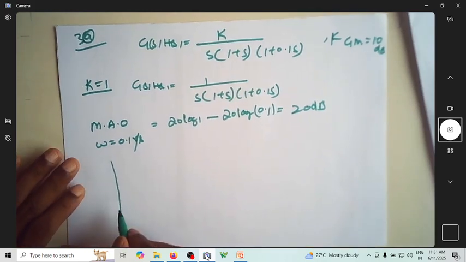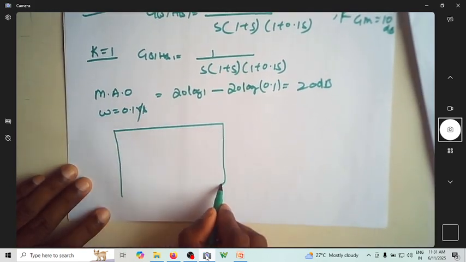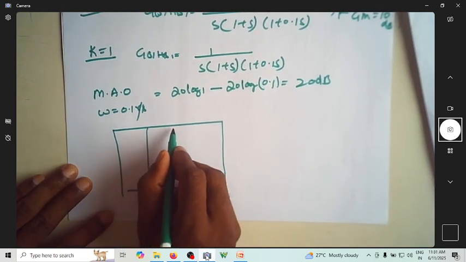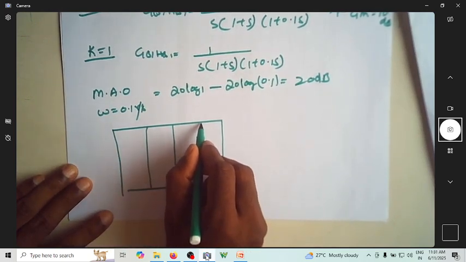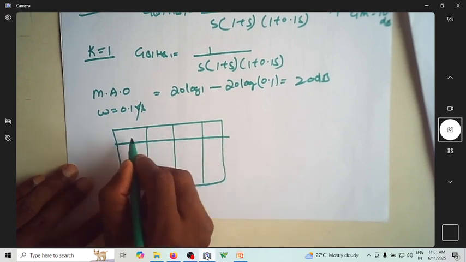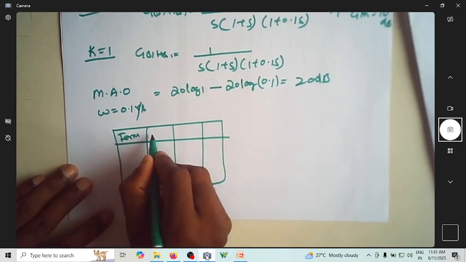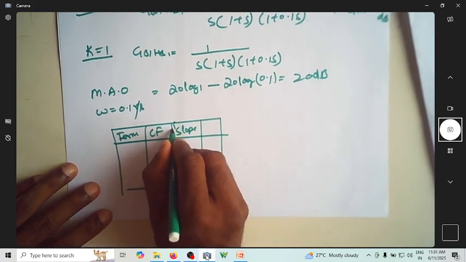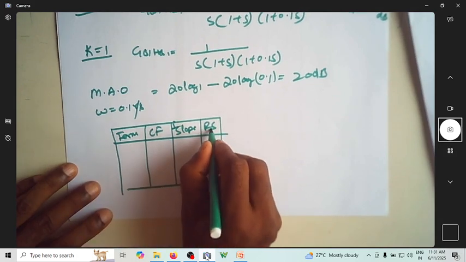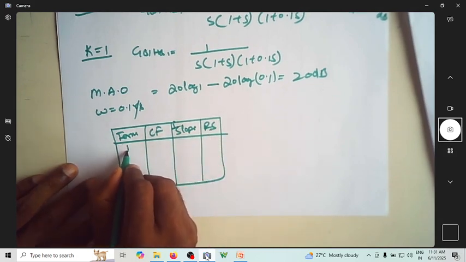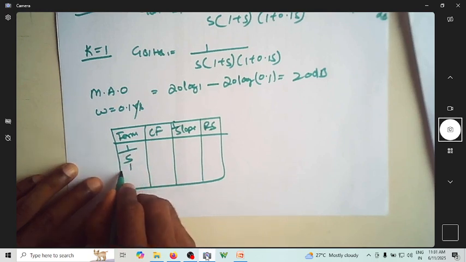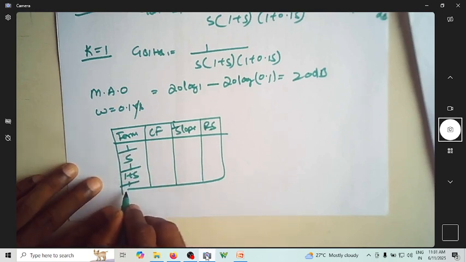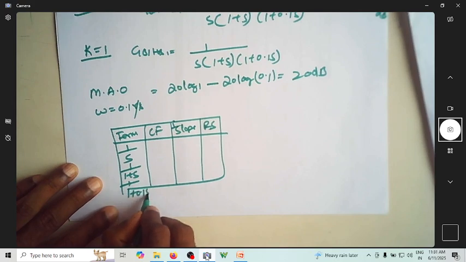If you write the slope table of all the terms, you have their cutoff frequency, individual slope and resultant slope. The terms are 1 by s, 1 over 1 plus s, and 1 over 1 plus 0.1 s.